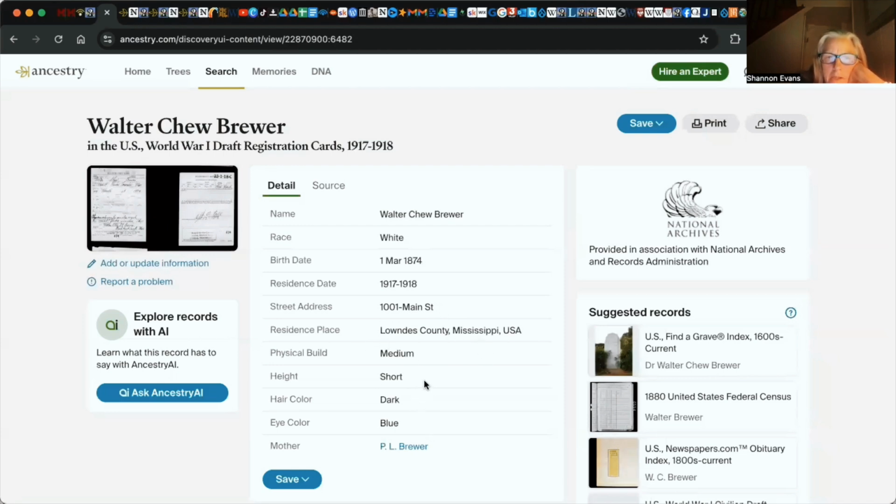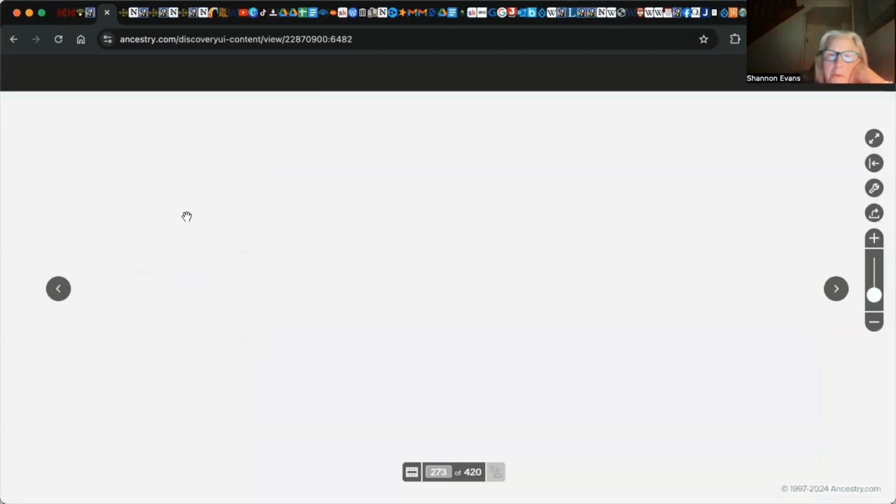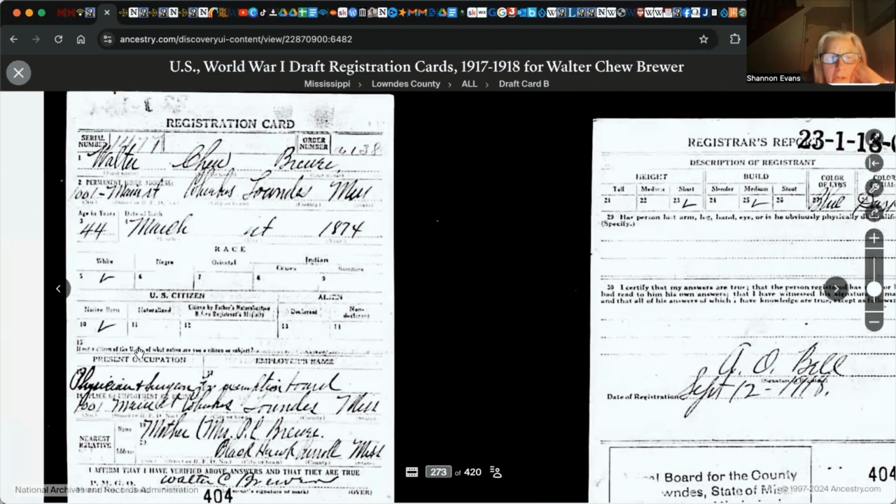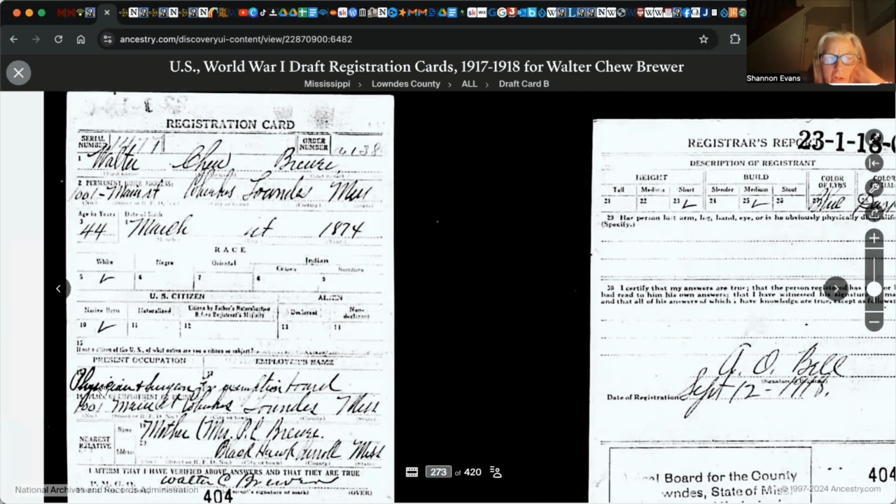He's medium height, medium build, short, dark hair, blue eyes, and it lists his mother. And we can click on this actual document and look at it. And I can see information. His present occupation is he's a physician and surgeon.